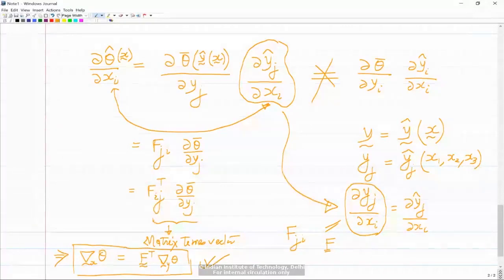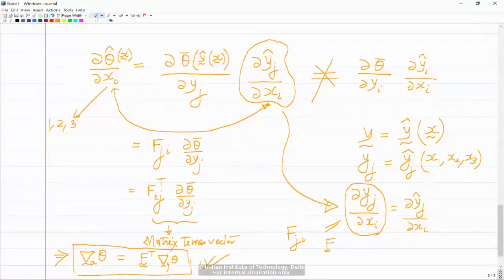Somebody is asking what is i and j. So you see, i and j is just denoting the component, right? So i goes from 1 to 3, j goes from 1 to 3. So i in this case could be 1, 2, 3, any of the three. It could be ∂θ/∂x1, ∂θ/∂x2, or ∂θ/∂x3. I'm not writing all three separately.